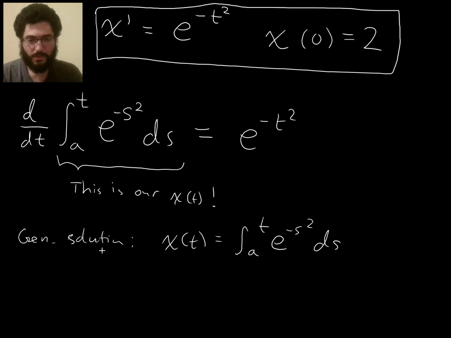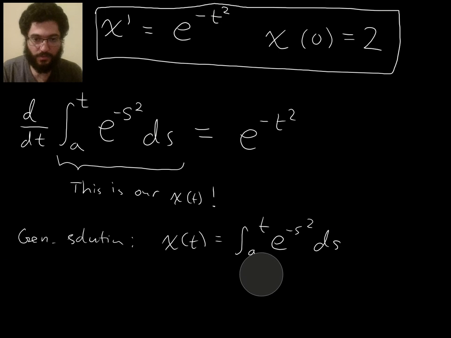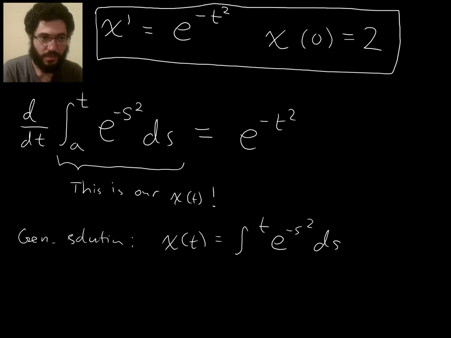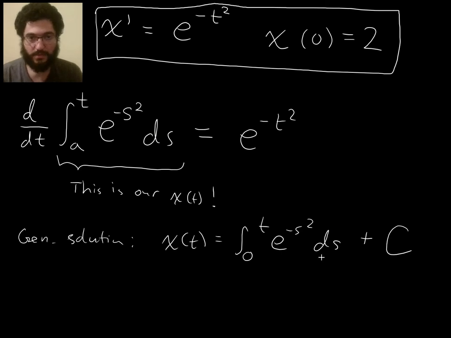And usually with a general solution, we see a free parameter somewhere that parameterizes the family of solutions. Where's that? That's the a here. That's the free parameter. If I want, I can remove the a and put a 0, and add a constant like c. There's another way of writing the general solution.